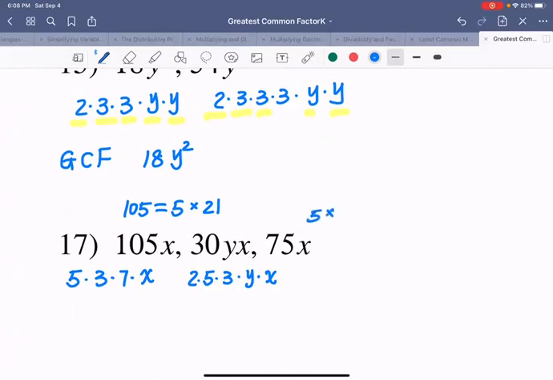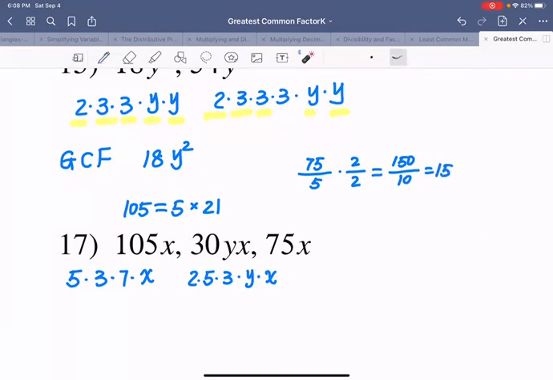5 times. Let me show both of you a trick. If you want to do 75 over 5, and you feel doing this is a little bit slower, let's do this. We can times 2 for top and bottom. 75 times 2 is 150, right? 5 times 2 is 10. So this is 15.